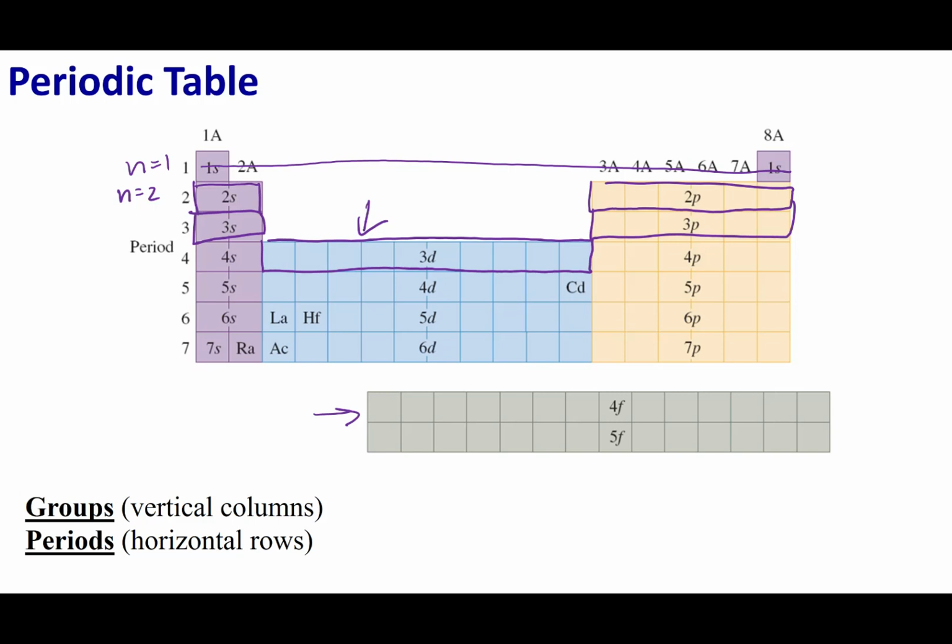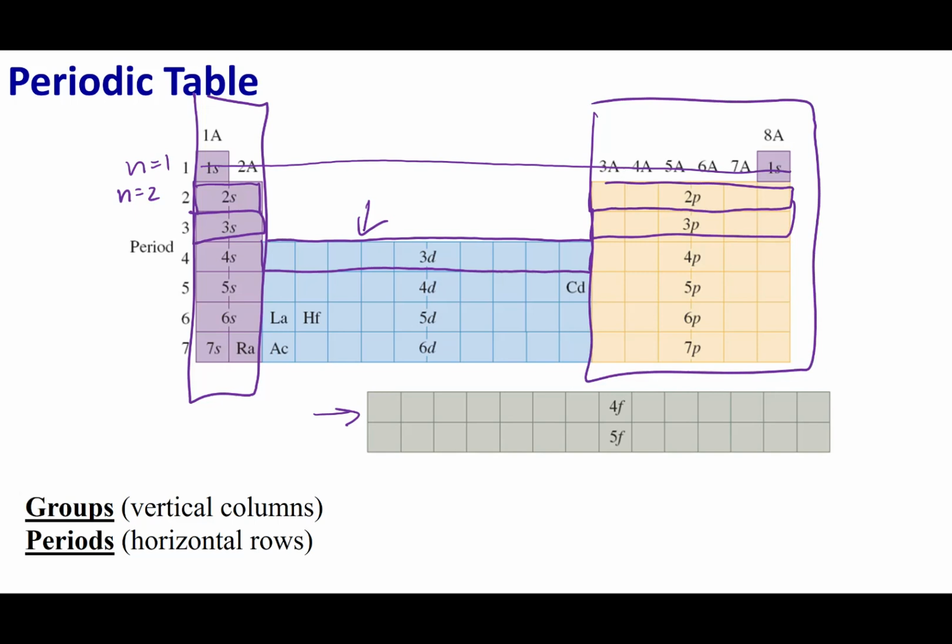So if you look at the periodic table, you can determine the electronic configuration. Just figure out which row you're at. This is going to be your s block, so that means your valence electrons are going to be in an s orbital. This is the p block, that means your valence electrons are going to be in the p orbital.